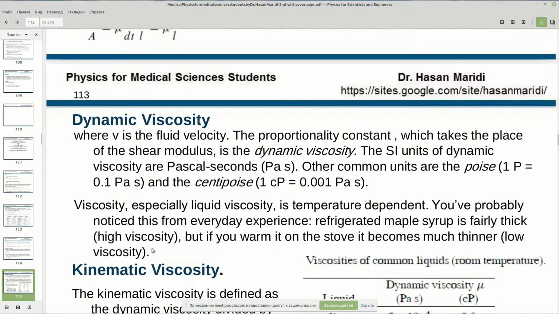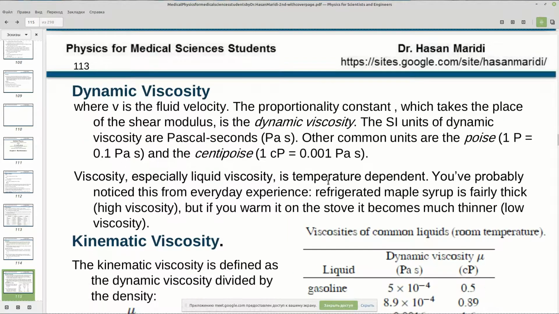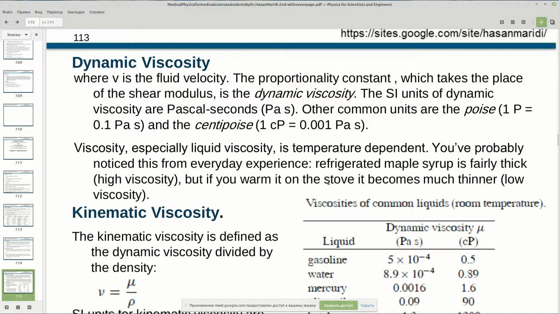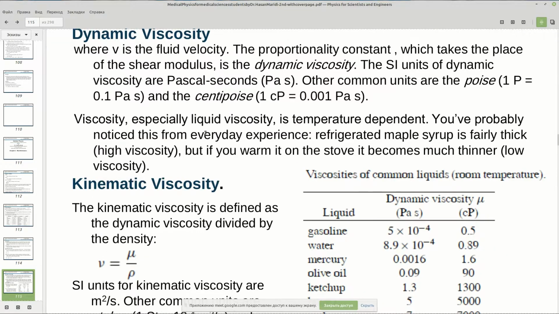So for dynamic viscosity, mu is the fluid viscosity, the proportionality constant which takes the place of the shear modulus. The SI unit of dynamic viscosity is the pascal second.